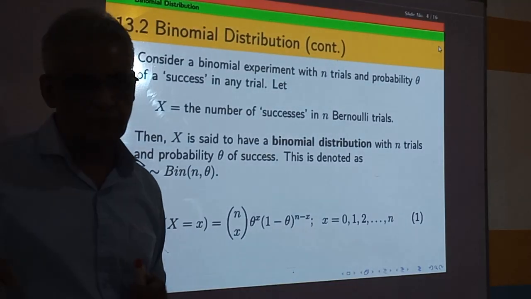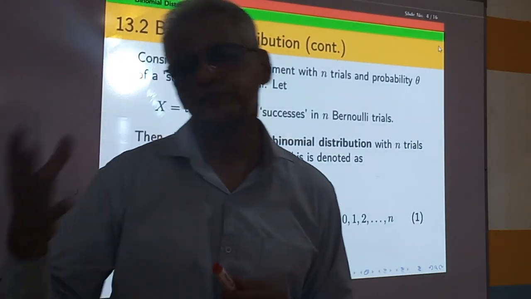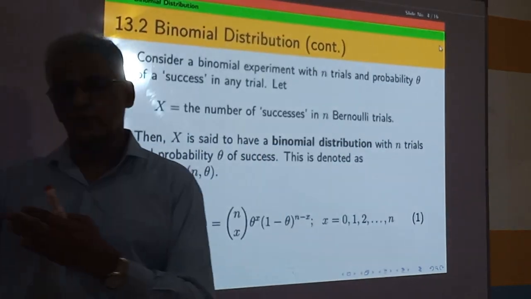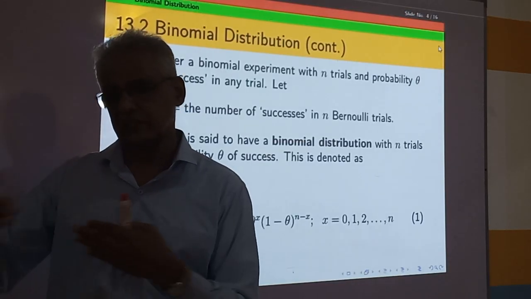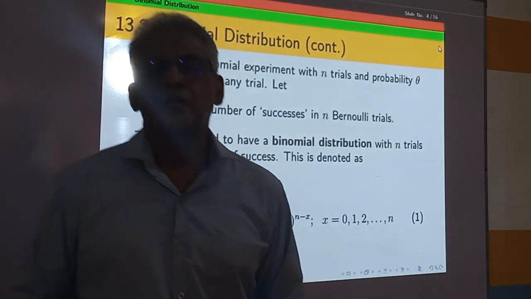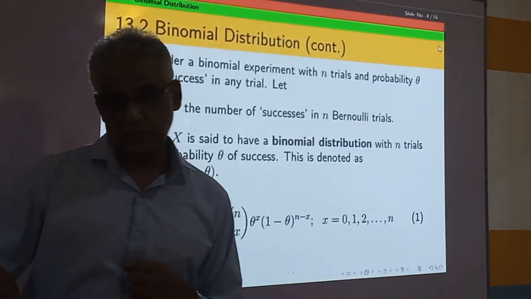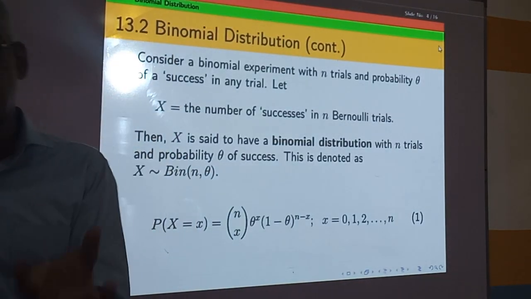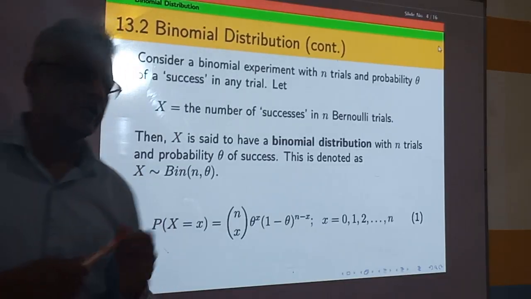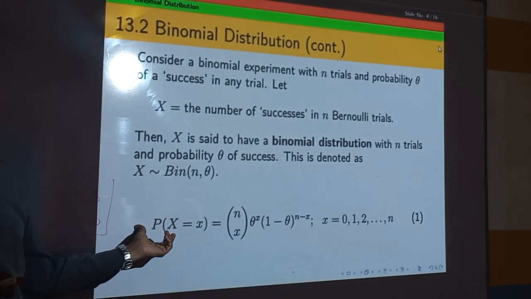So that is one situation. If you're taking from a finite population where you can categorize the elements as success and failure in general, and you take with replacement, and you are interested in the number of successes in the sample, you can use the binomial model.